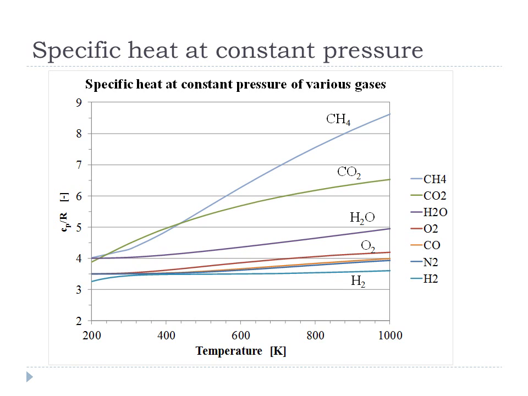Then you can see water vapor starting around a value of 4, which is 8/2 R. Carbon dioxide is slightly below 4 at 200 K. Then we've got methane, which is right around 4 at 200 Kelvin and then increasing. I just want to show you this, but we're going to come back and see why the specific heats are changing as a function of temperature.